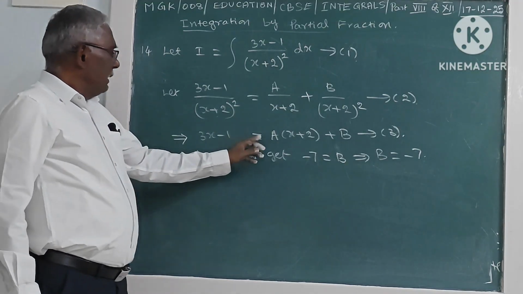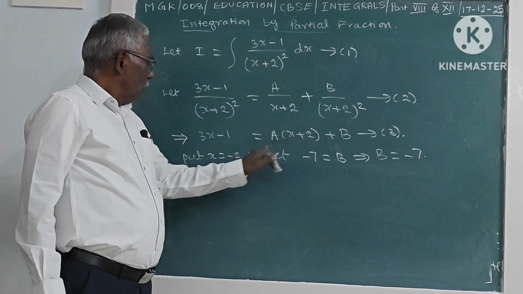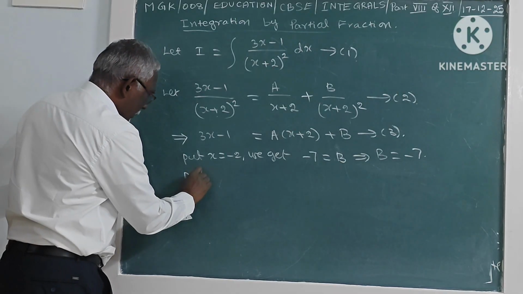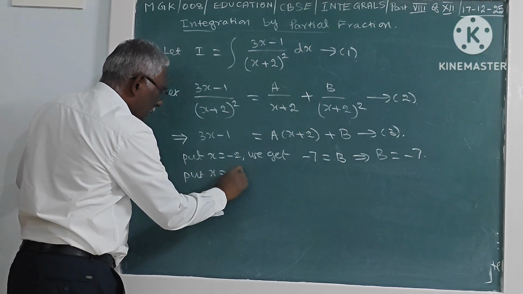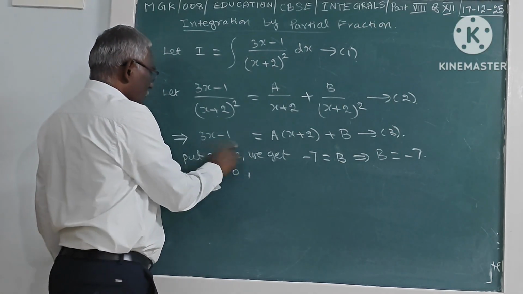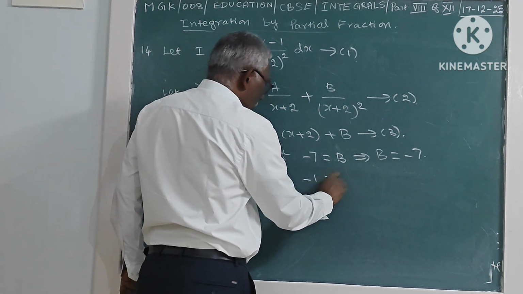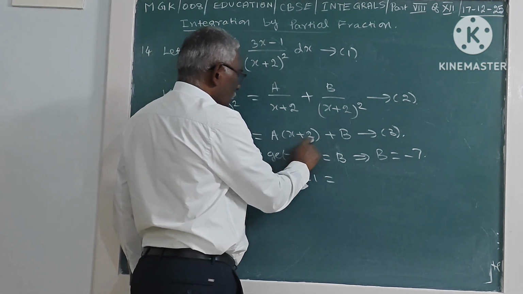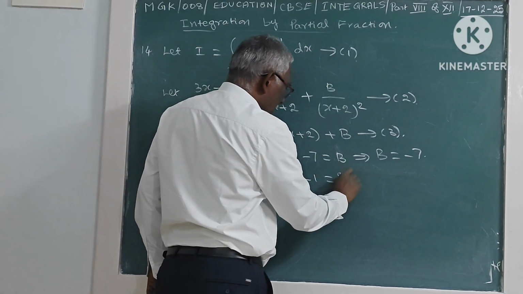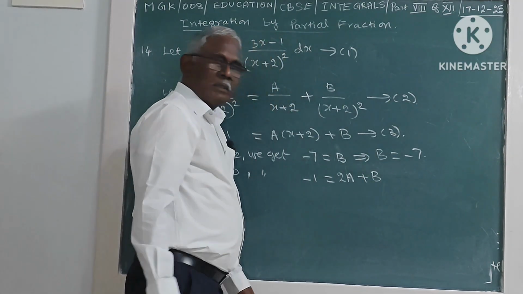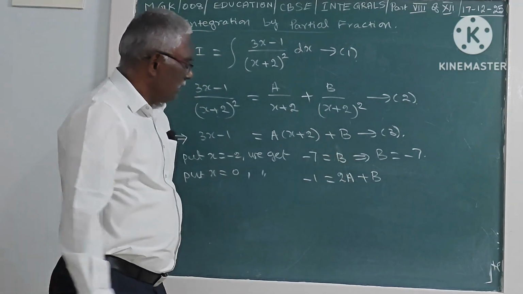How to get the value of a? So put x is 0. If you put x as 0, 3 into 0 minus 1, minus 1 is equal to, x is 0, so it becomes 2a plus b. We know the value of b is minus 7.